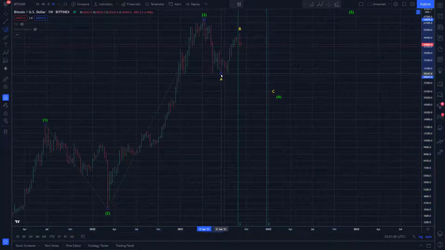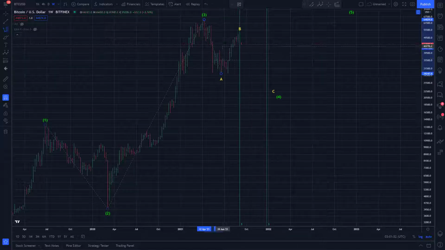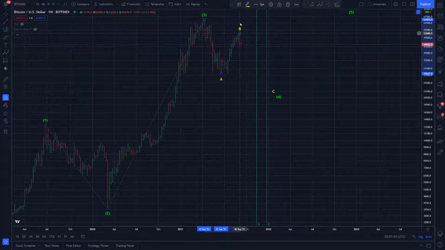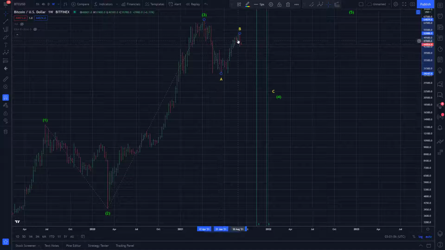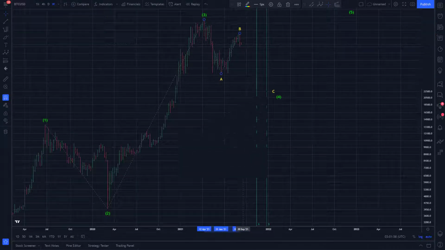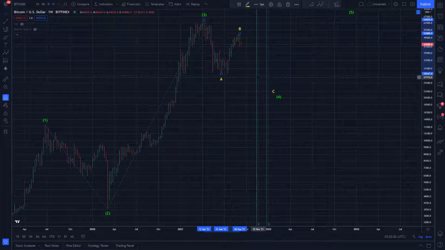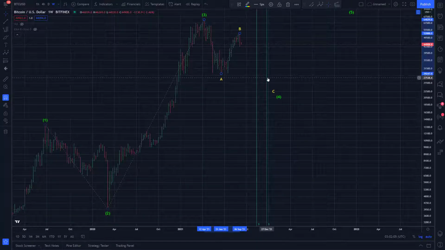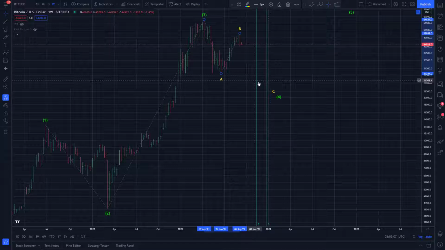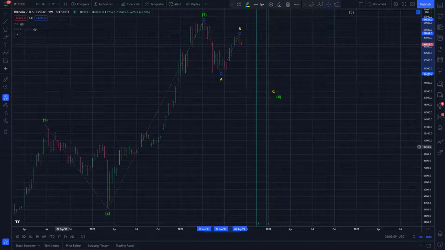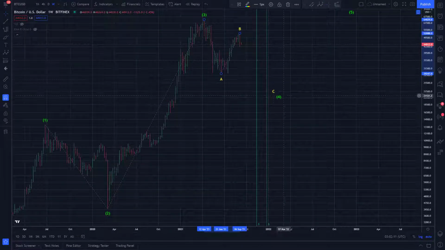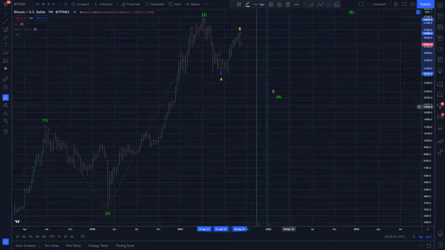So if we measure that as the bottom of A, or when A ended, and just project out the amount of time that A consumed off of where it appears that B ended here, that would put us a little sooner into, let's say, maybe mid-November of this year. But again, not so far away from that December time period of wave 4 being equal to wave 2. So a couple little time things to look at there.